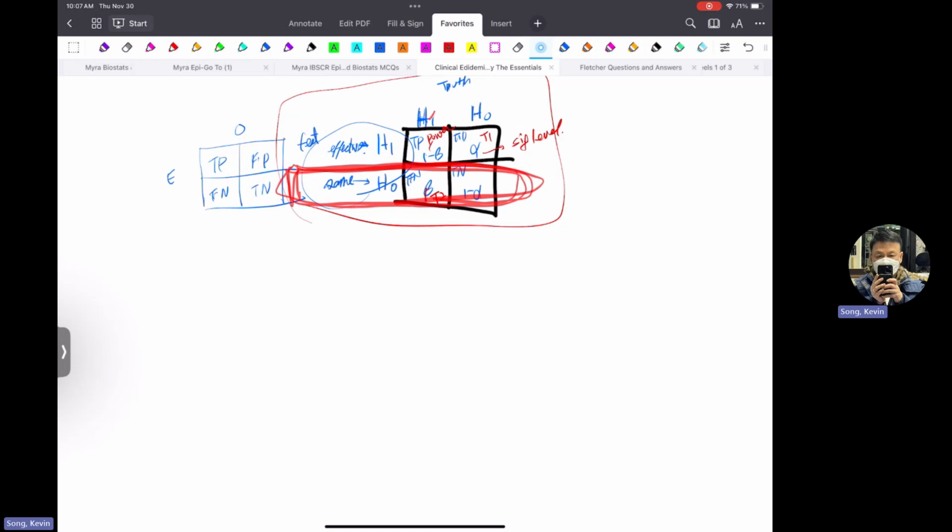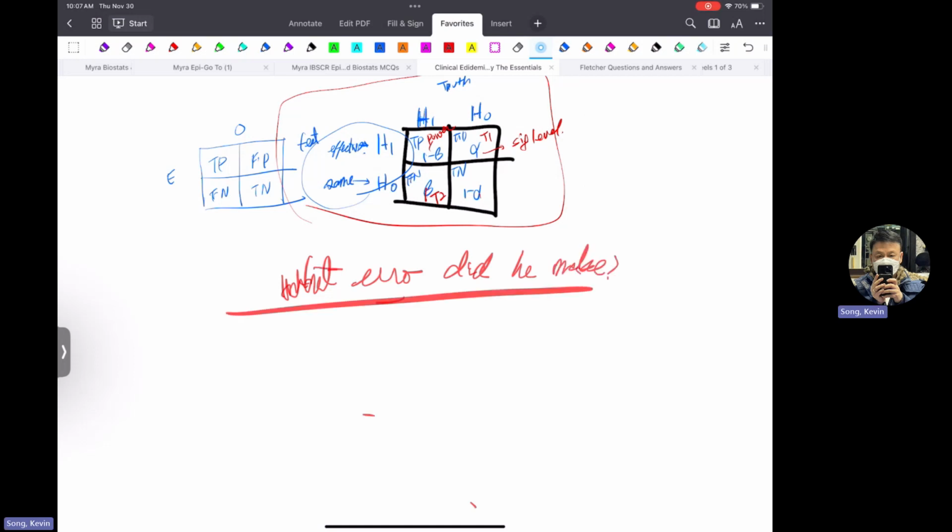Now then, in the question vignette, how do I say that H1 is true? They don't say, okay, the truth is H1. The way they do it is kind of weird. For instance, what error did the researcher make?